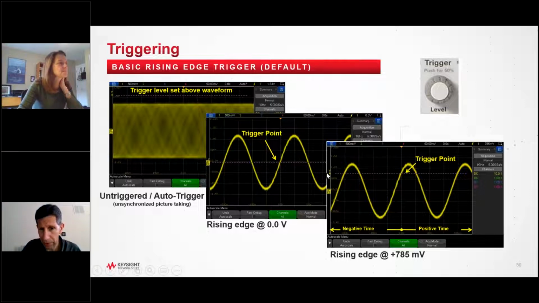You can raise the trigger level, as we show on the screenshot, to the right. And if you raise it up, you have a trigger point. What's in the center of the screen is a higher point on the sine wave. And again, typically by default, the trigger point is in the center of the memory. So data before the trigger is considered negative time, trigger is T0, and then data after the trigger is positive time.